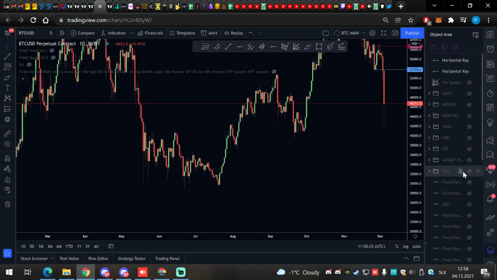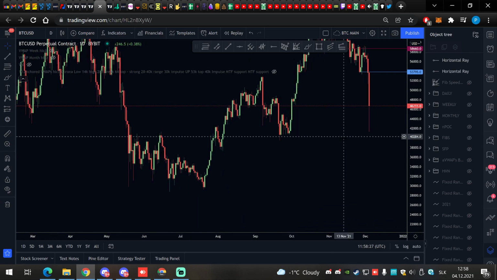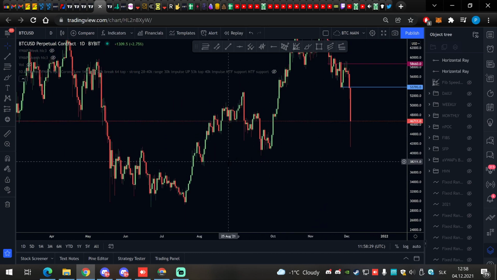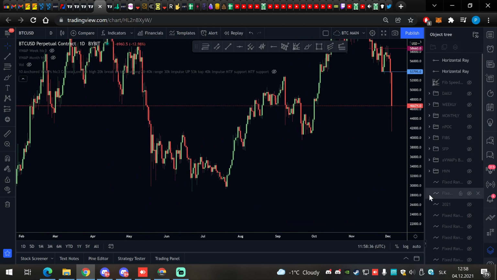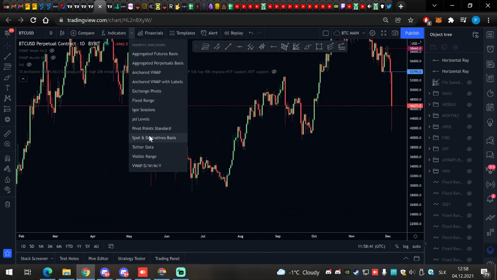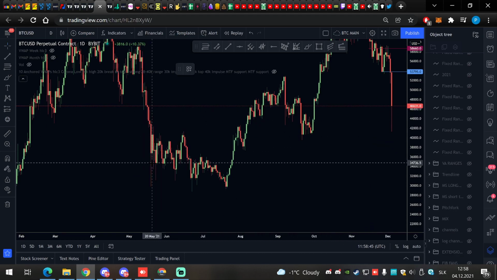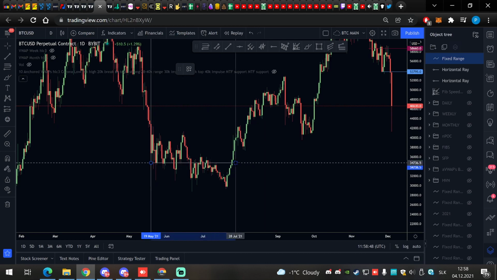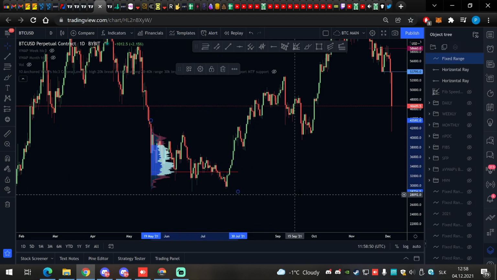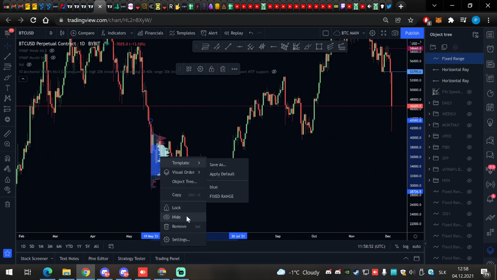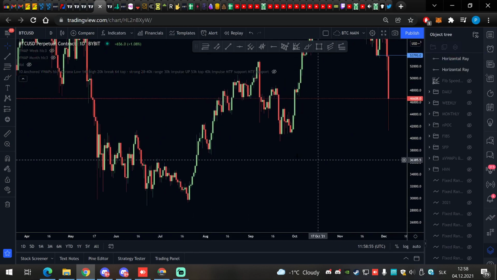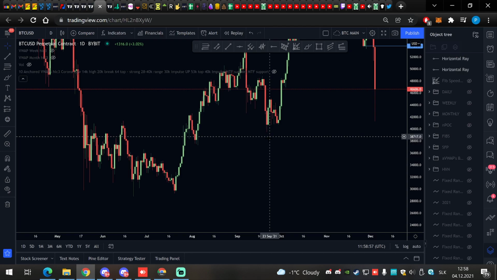So yeah, it's very interesting for us, and really it's going to be a deciding factor what happens now. But if we lose these lows, we really need to take this range, the value area high of this range, point of control and value area low, and we will just be trading it. I will mark the levels. I need to prepare the trading plan for this.